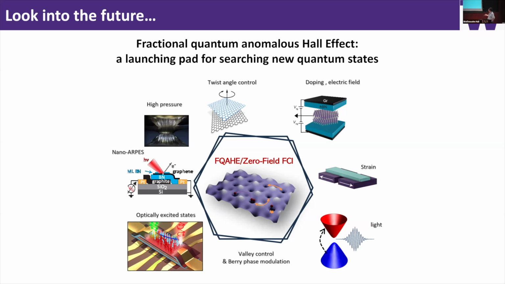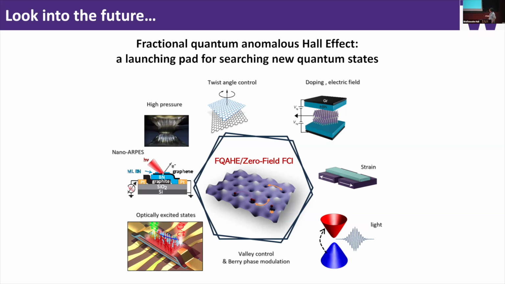Also, I showed you that the system has large gaps, close to terahertz, so it is possible to use powerful terahertz spectroscopy to control this many-body gap. And I also showed you today that we can use an optically excited state on the order of 1 eV to probe this many-body ground state on the order of 1 to 10 meV. So I think it is another unique opportunity provided by this twisted MoTe2 system.